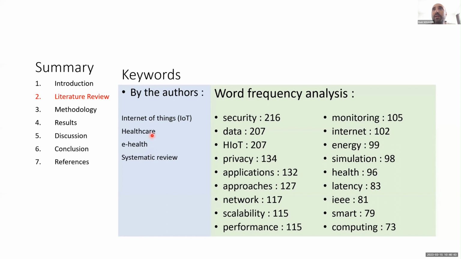It's mainly Internet of Things, healthcare, e-health, systematic review, because it also uses other systematic reviews. And you can see that the authors have focused on security, data, HIoT, privacy, and applications, etc.